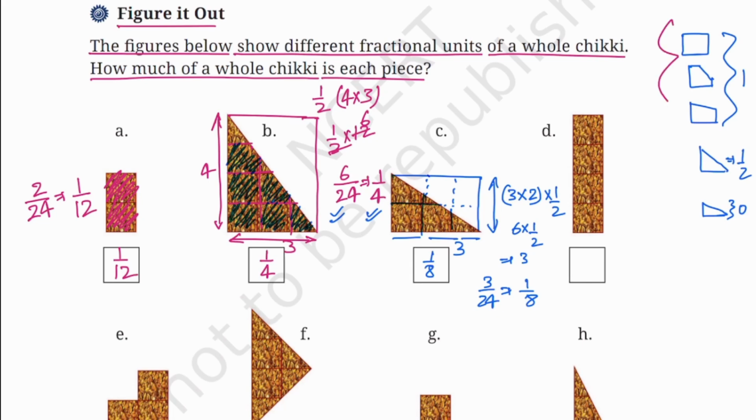You can use this method: 1, 2, 3. 3 out of 24, that is 1 upon 8. Similarly, D, 1 piece, 2 piece, 3 and 4, 4 square units out of 24. So the unit fraction will be 1 upon 6.